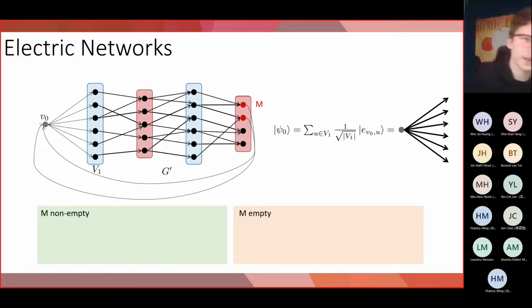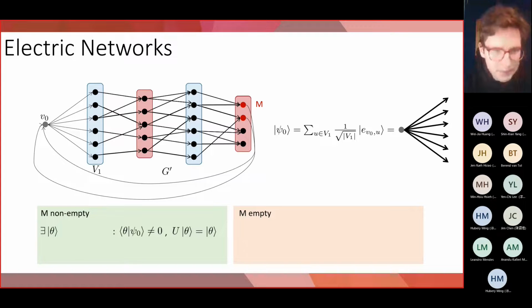And the way that the electric networks framework does this is, in the non-empty case, we're trying to find some state theta. And note that I will not necessarily assume that our states are normalized, so it's not necessarily the case that theta is normalized.